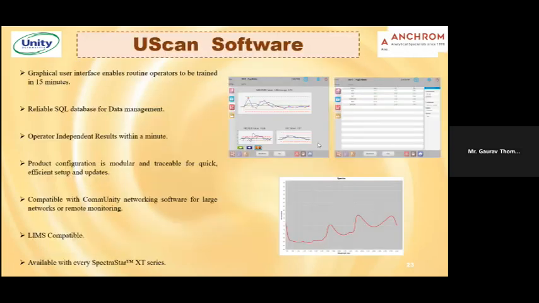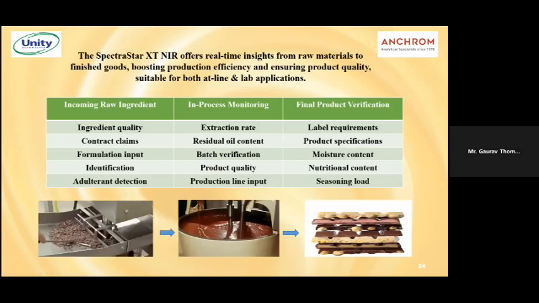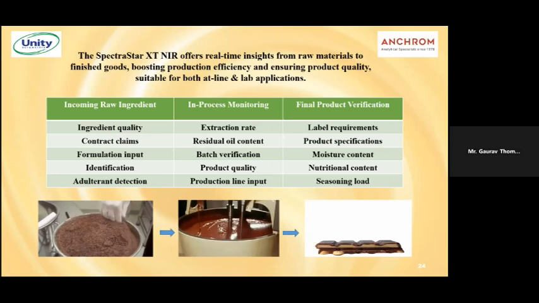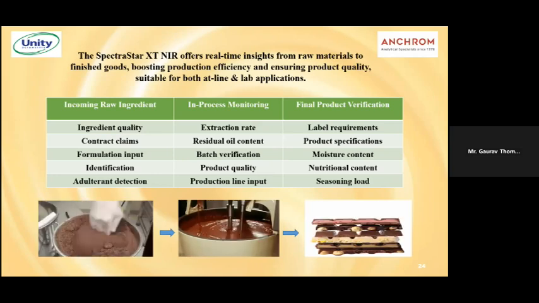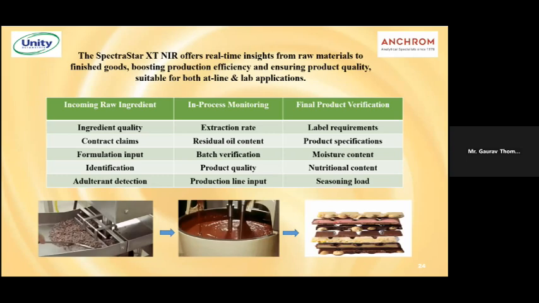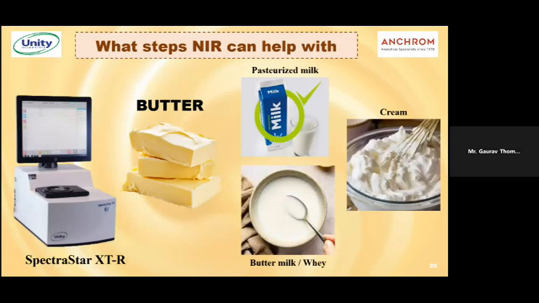If you see in this window, it allows you to compare each parameter from different samples and even check their profile. You could compare the spectra for the different samples that we're analyzing. So this is how our SpectraStar XT NIRs could be helpful to you at all these different levels.